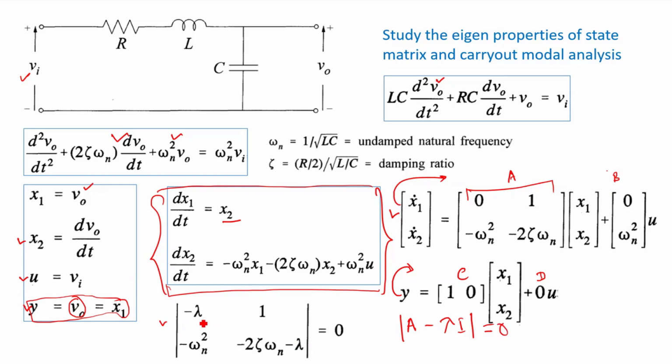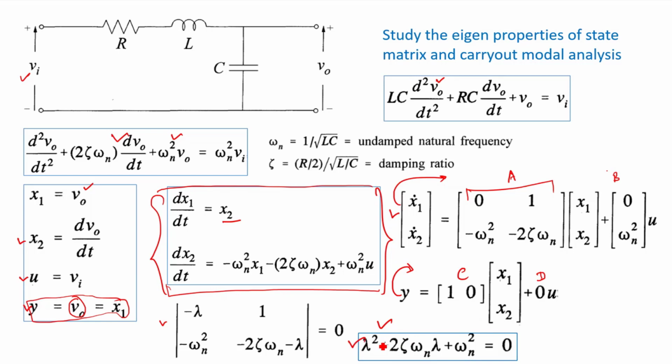So the determinant of A minus lambda I equal to 0 will give me minus lambda, 1, minus omega n square, minus 2 zeta omega n minus lambda. If we find the determinant and equate to 0, it will give us this equation, that is lambda square plus 2 zeta omega n lambda plus omega n square equal to 0.